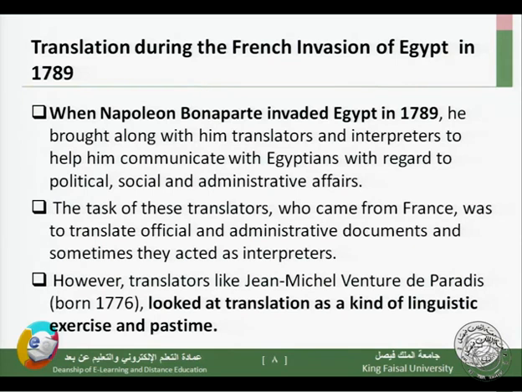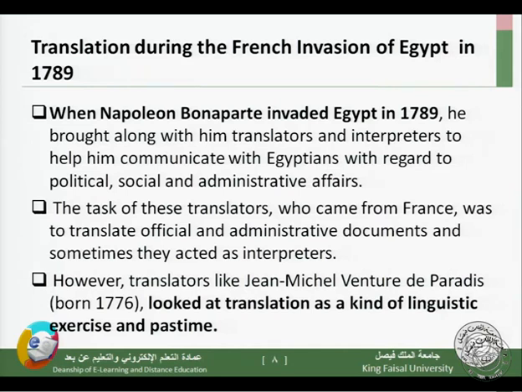So the main task for these interpreters and translators was really business-oriented, task-oriented. They wanted to serve the French or the Bonaparte's campaign.